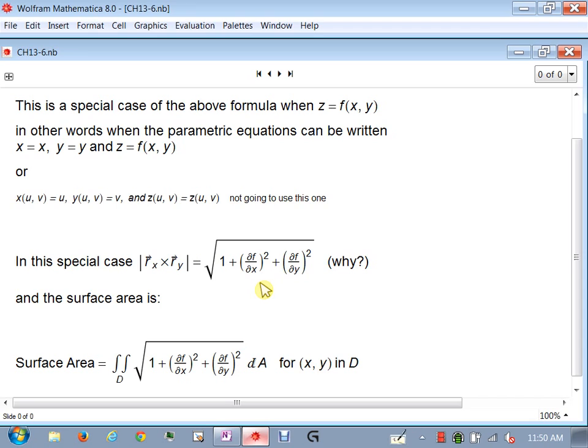Why is that true? Why in this special case would this magnitude of the cross product, which I think we all agree is probably the hardest part of the problem, turn into something this simple? So let's convince ourselves why that's true.